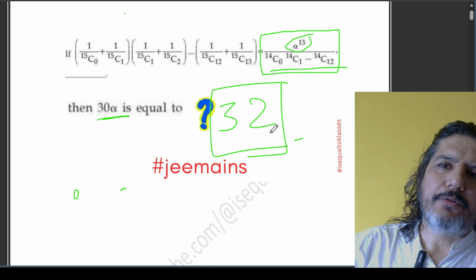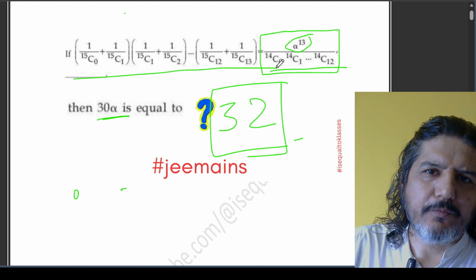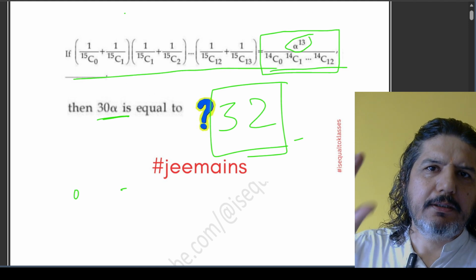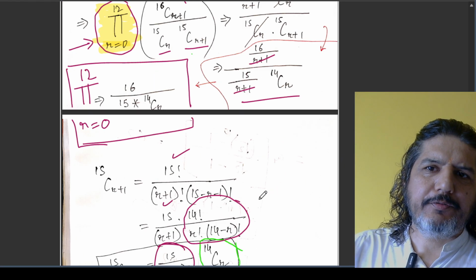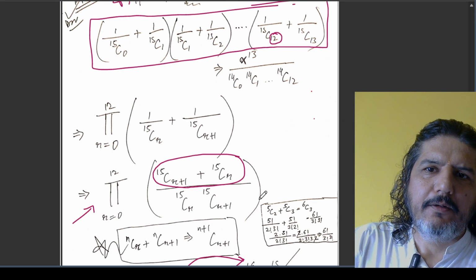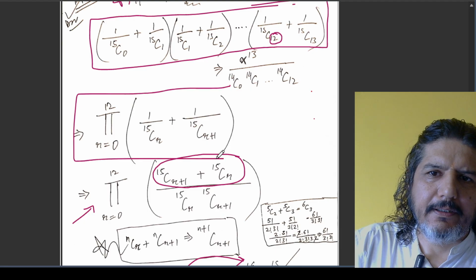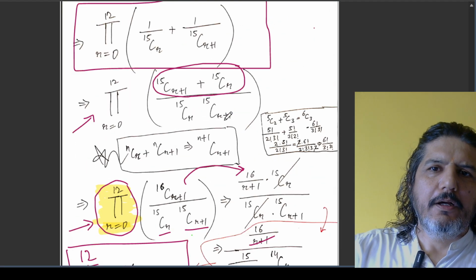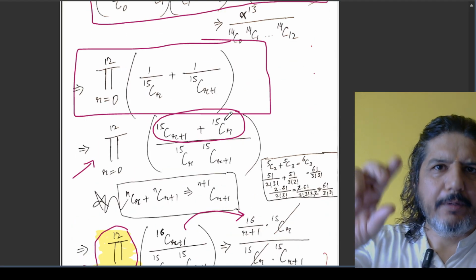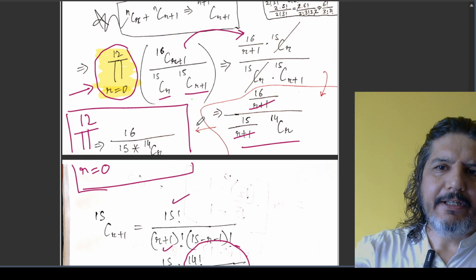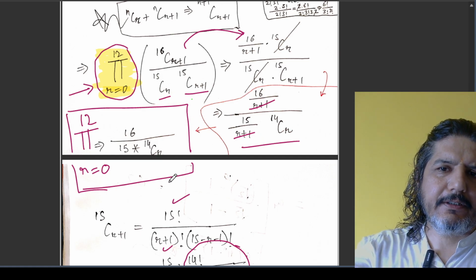Quickly, I'll take you through the solution again. This is the expression we were given. We use the notation of pi. We did some basic manipulation and reached this step. This is a critical step.